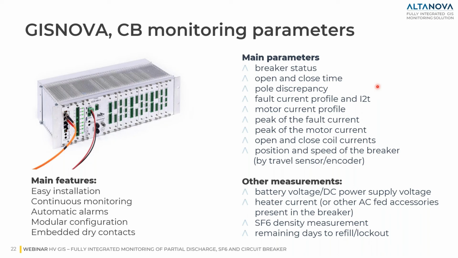Other measurements are available according to the configuration of the unit. For example, we can even acquire the battery voltage or the DC power supply voltage, even the heater current. In the same system, we can even integrate SF6 density measurements and calculate alarms like remaining days to refill or lockout.